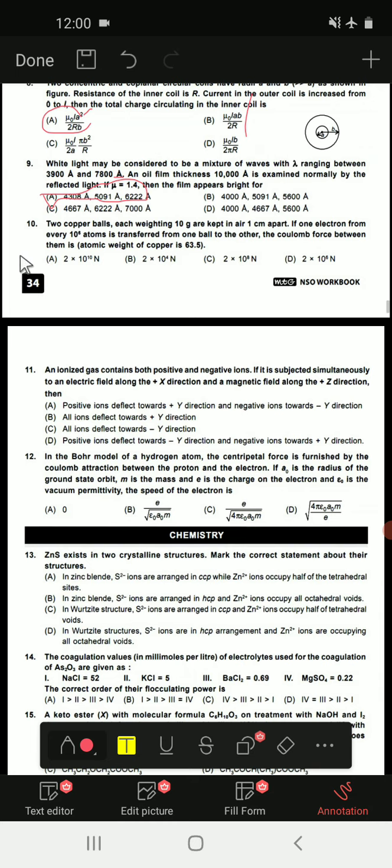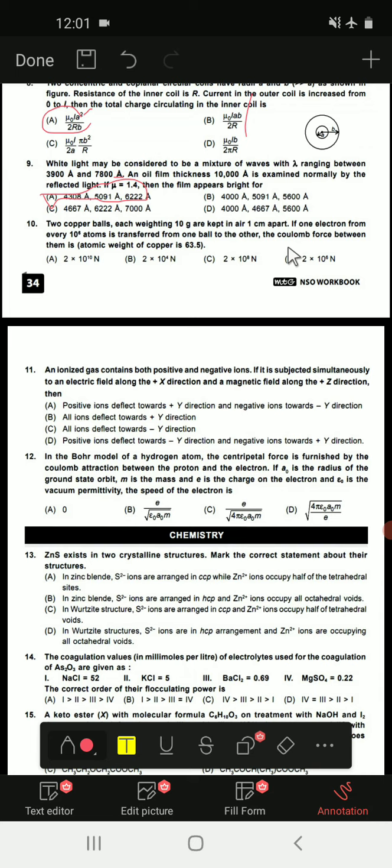If one electron from every 10 to the power 5 atoms is transferred from one ball to the other, the Coulomb force between them is. Option A is 2 into 10 to the power 10 Newton, then 2 into 10 to the power 4 Newton, 10 to the power 5 Newton, and 2 into 10 to the power 6 Newton. These are the four options. You have to choose the best option.